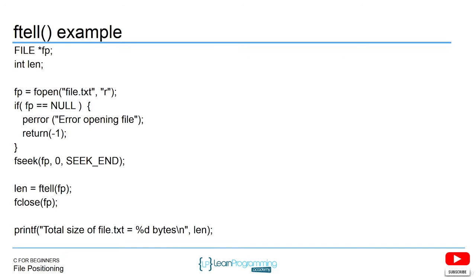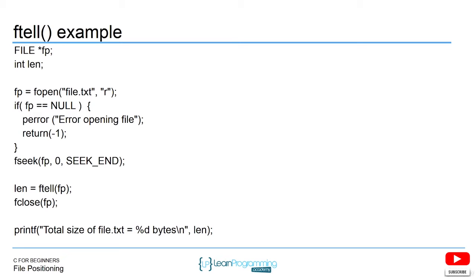In this example, we're creating a file pointer called fp, and we're creating an integer called length. We're going to open up the file, and this would be for reading only. We're going to make sure it's not null. If it is, we're going to return an error. And then don't worry about the fseek. The fseek is actually just going to go to the end of the file. This is another function that helps us.